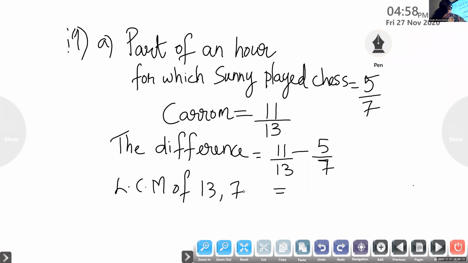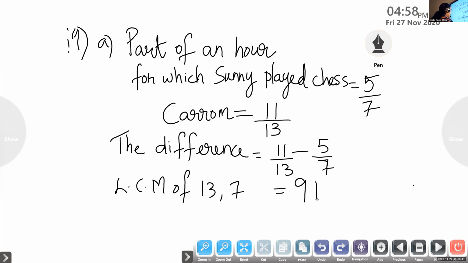Can you do this as homework? The LCM is equal to 91, which is 13 into 7. Can we write only the difference? We can only write the difference.